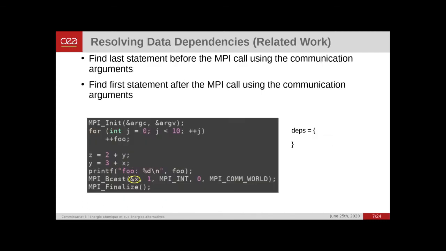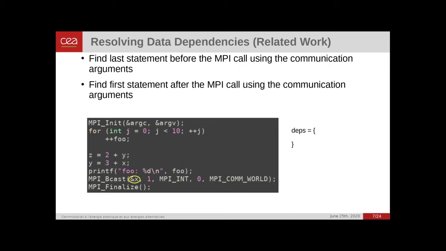So first, they have to resolve the data dependencies in order to place the non-blocking codes in a safe location. Related work has proposed different solutions based either on pointer analysis or on the use of use-def and def-use chains to retrieve the statements that read or write the arguments of the communications.